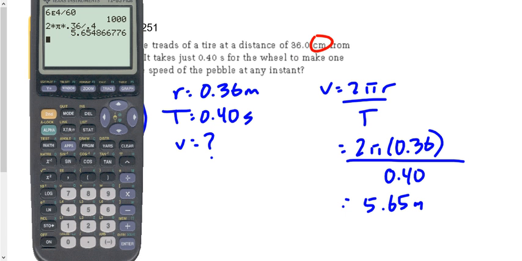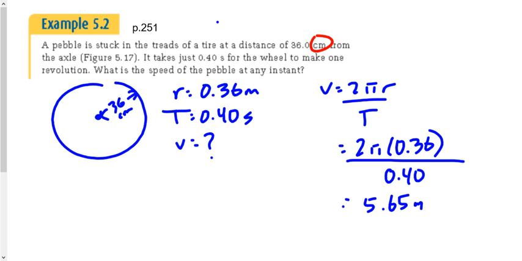What should I round that to? That should be 5.7, right? I just noticed that this is 3 digits, but this is 2 digits, so we should round it to 5.7 meters per second.